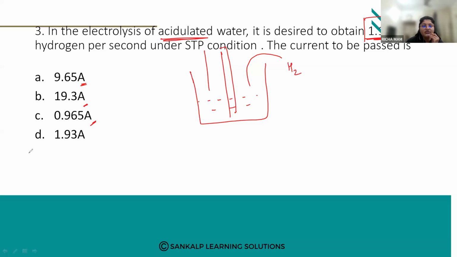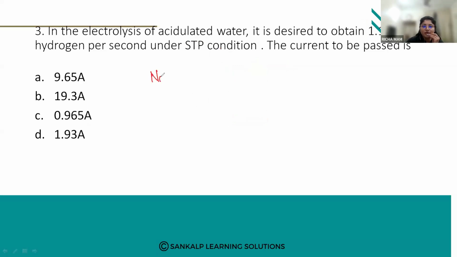First, you have to calculate the number of moles. The number of moles is given weight upon molecular weight. Here, the given weight is the amount of hydrogen, 1.12 cc.